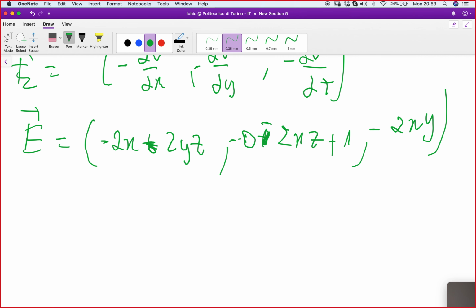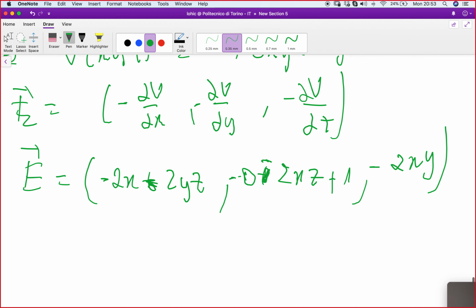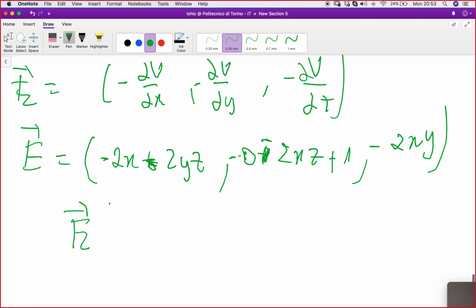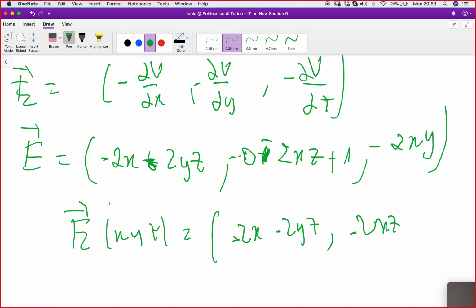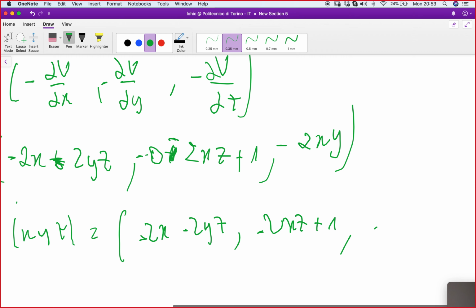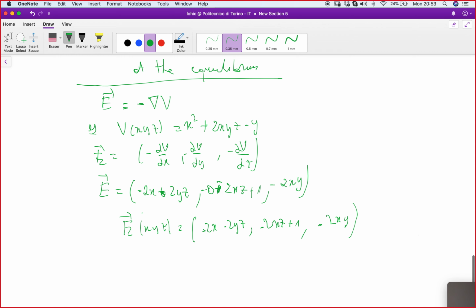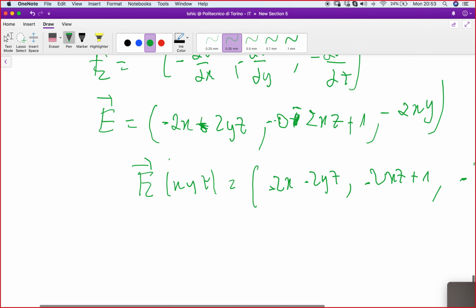So the electric field at any point x, y, z will be equal to (minus 2x minus 2yz, minus 2xz plus 1, minus 2xy). This is the relationship between the potential and the electric field.